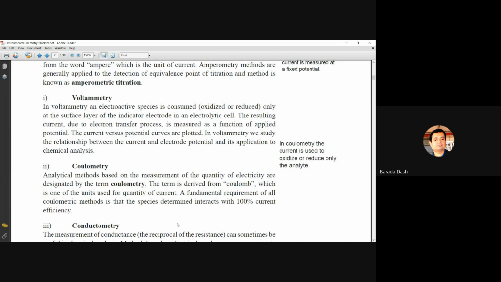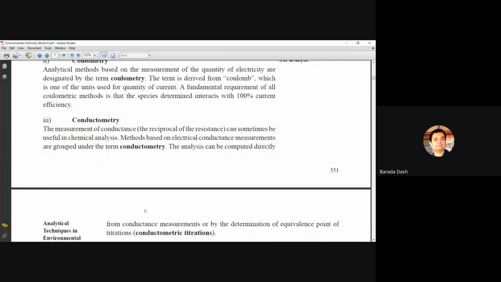Coulometry is the analytical method based on the measurement of quantity of electricity, designated by the term coulometry. The term is derived from coulomb, which is the unit of quantity of charge. A fundamental requirement of all coulometric methods is that the species determined interacts with 100% current efficiency.